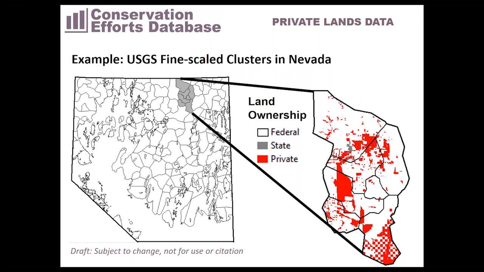If there were any concerns that we did not have enough private land or landowners within a particular polygon, the border between any 2 polygons can be dissolved, making one larger polygon. That's the benefit of having those nested hierarchical clusters.